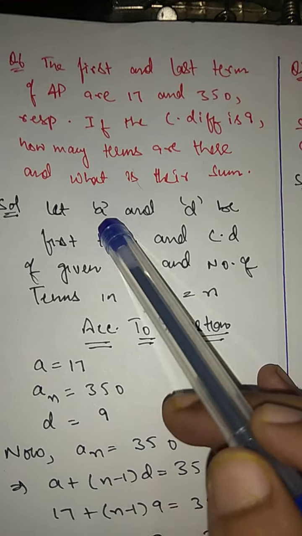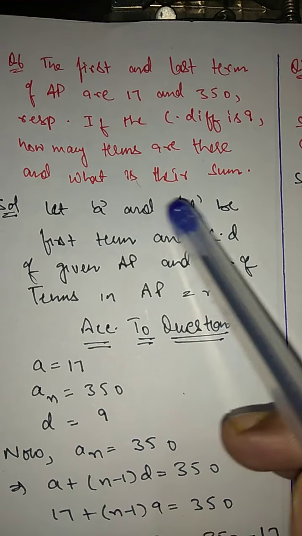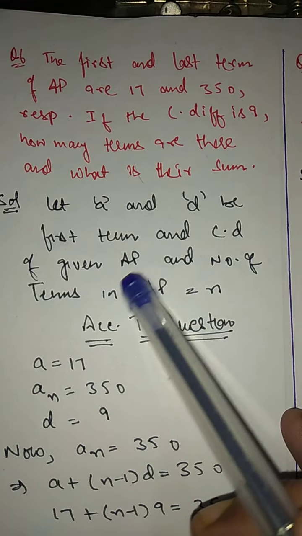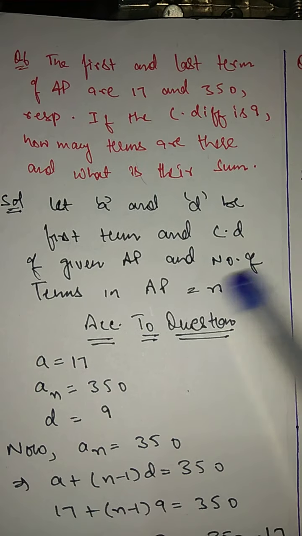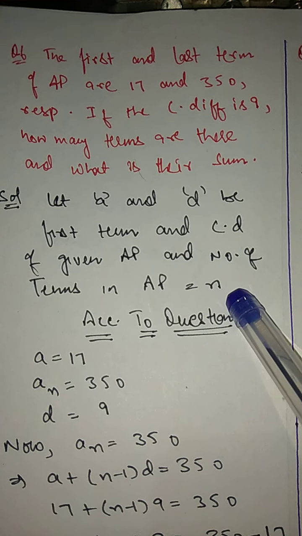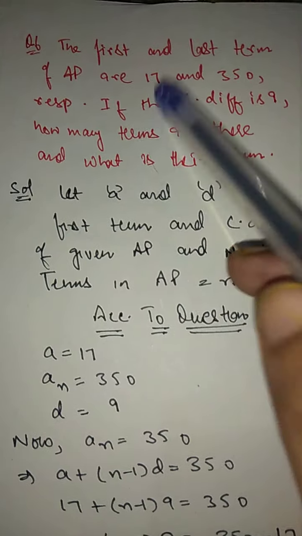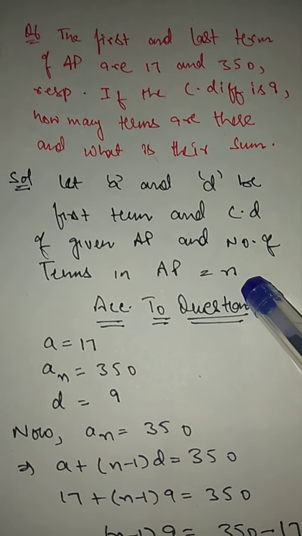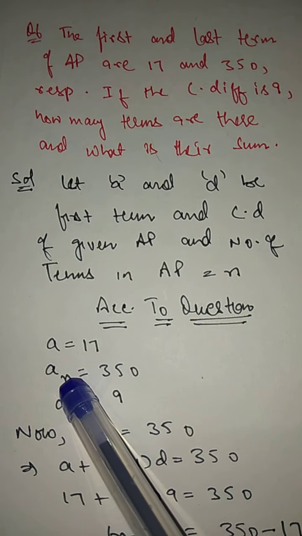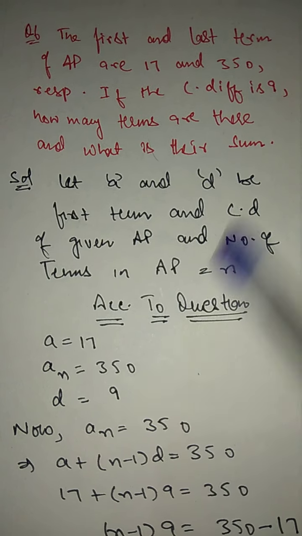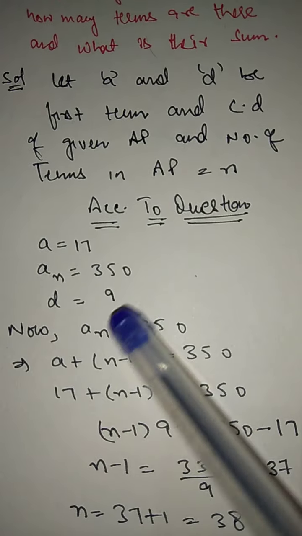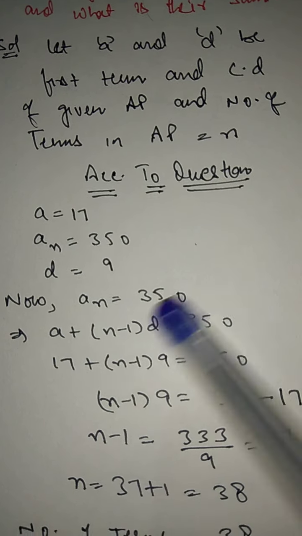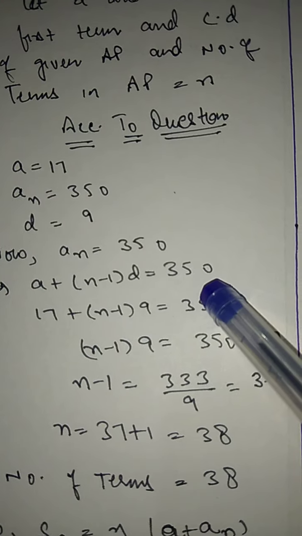So let us consider an AP in which a and d are the first term and the common difference of the given AP. Let the number of terms in the AP be n. According to the question, the first term a is 17, the last term, since the number of terms is n, is an, which is 350, and the common difference d is 9. Now an = 350 gives a + (n minus 1)d = 350.